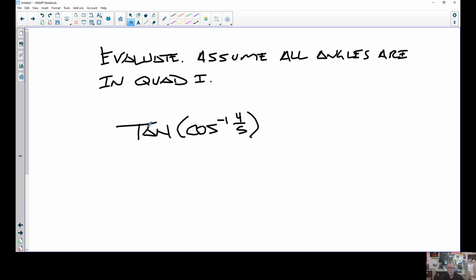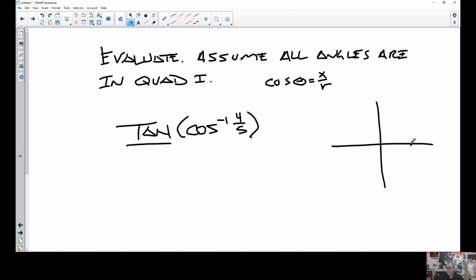The tangent is what we want. We want a tangent of an angle. This is telling us what angle: the angle whose cosine is 4/5. So where would I know an angle would have a cosine of 4/5? Well, cosine of theta is equal to x over r, isn't it? It's our x value over our r value.